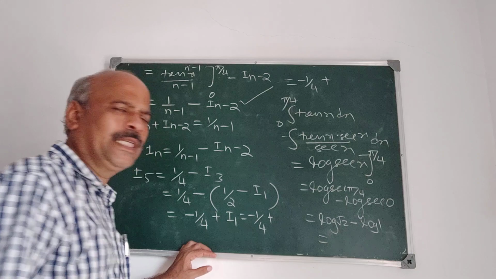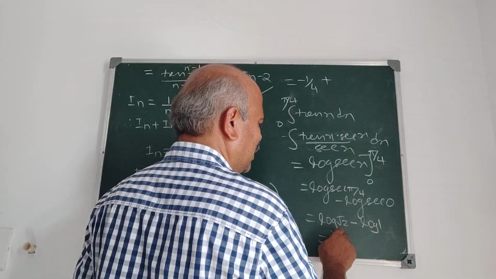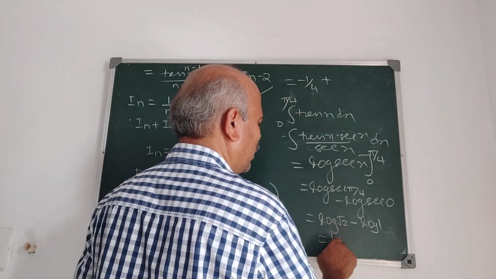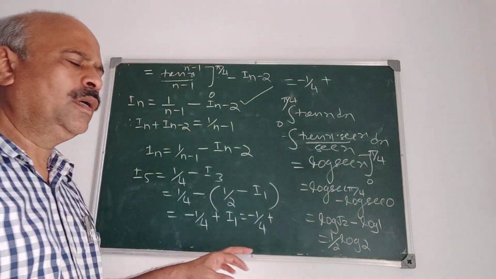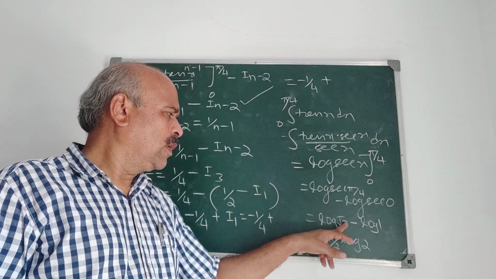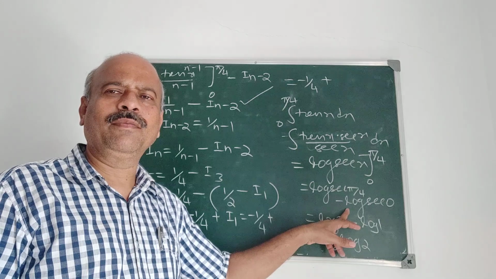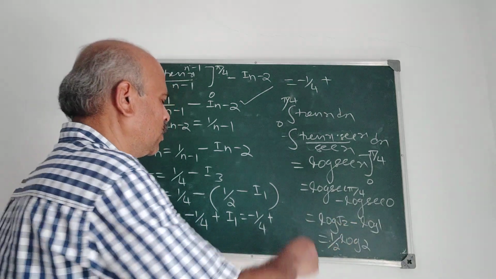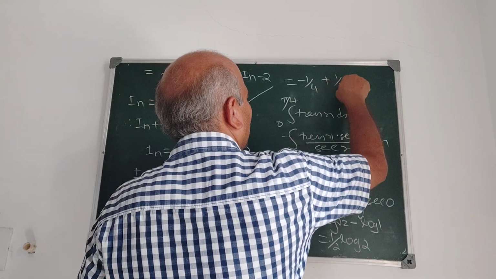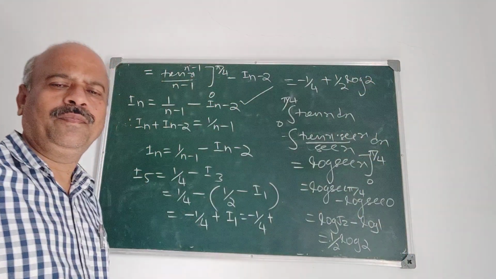Sec 0 is 1. But log 1 is 0, therefore it is log root 2, which is 1 by 2 log 2. How is it 1 by 2 log 2? Because it is log of 2 raised to half. And what is log m raised to n? n log m. So minus 1 by 4 into 1 by 2 log 2. This is I5.